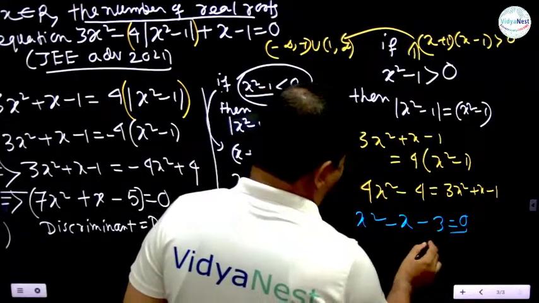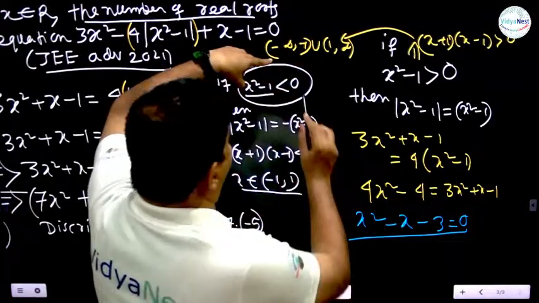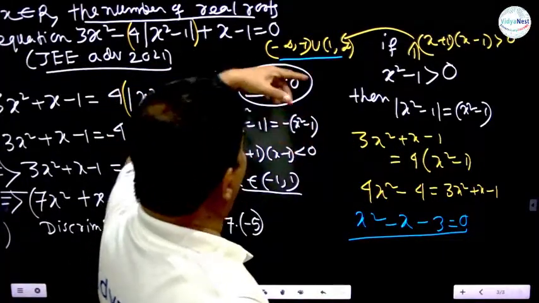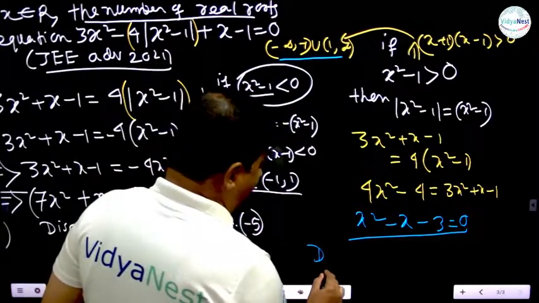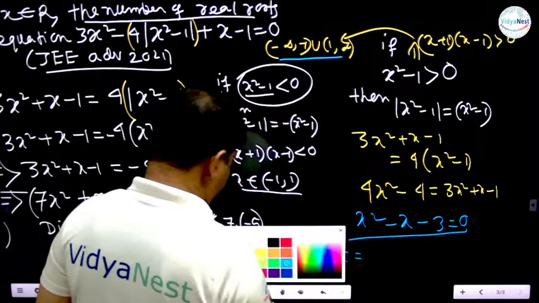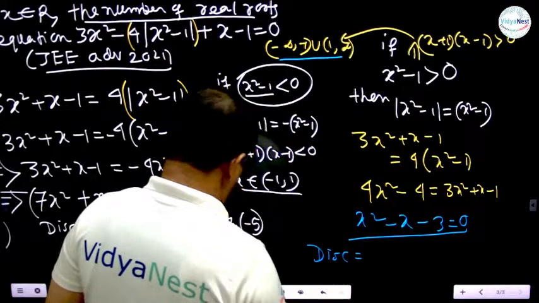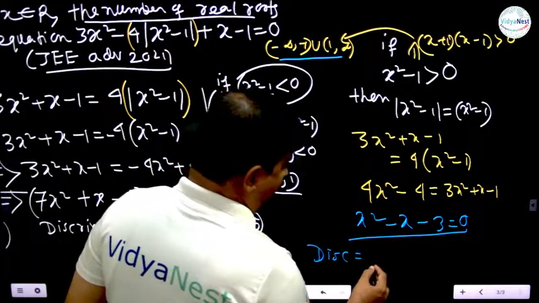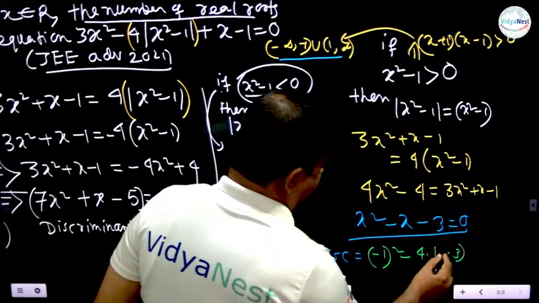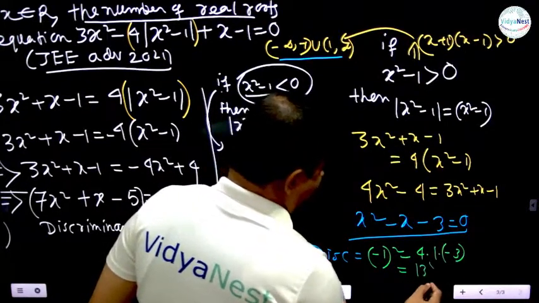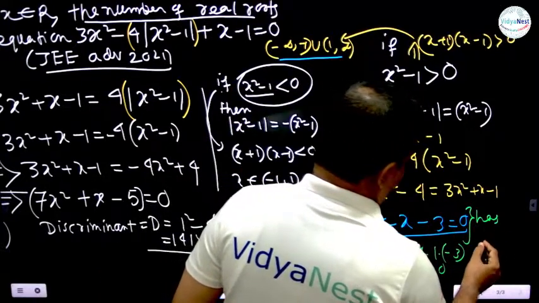So we could reach up to this quadratic equation considering that interval of x. Now in this interval how many roots are there? इसका डिस्क्रिमिनेंट क्या होगा? b square minus 4ac. What is b? Minus 1, 4ac, that means 13 greater than 0. So this equation has 2 real roots.